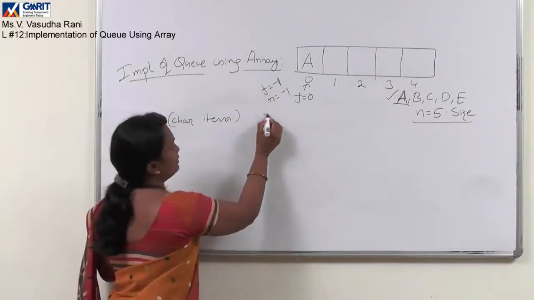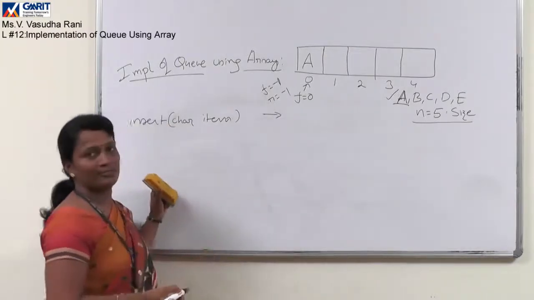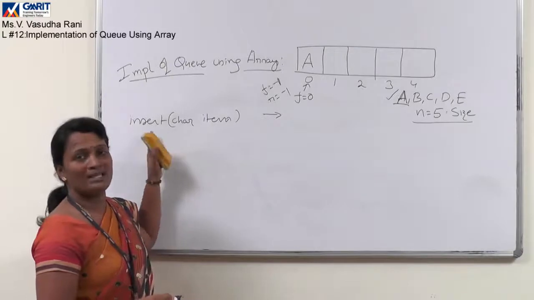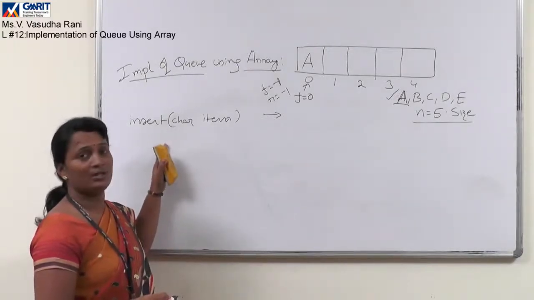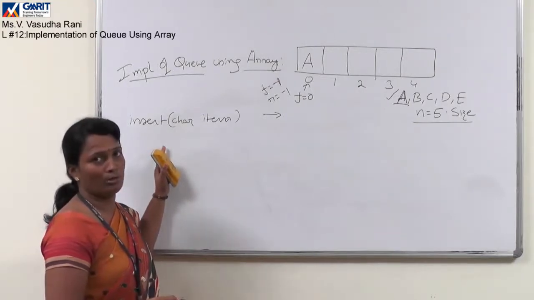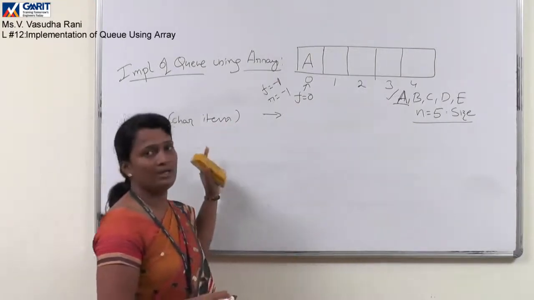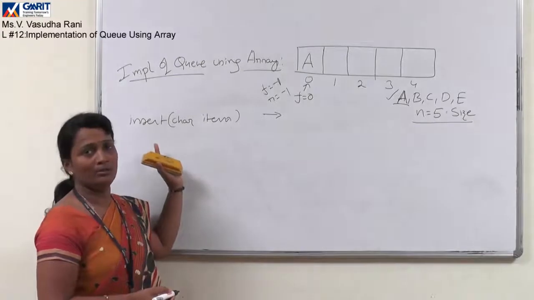But the thing we have to find out first, in order to insert a new element into the queue, is whether the queue is already full or not. If the queue is already full, we can't insert a new element into the queue.